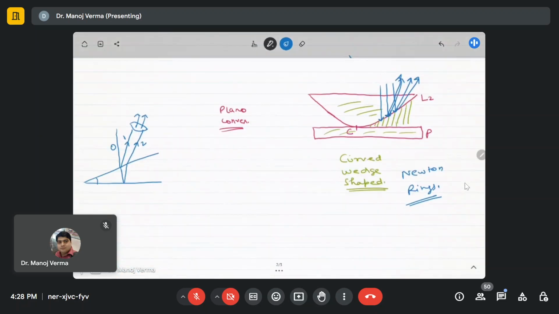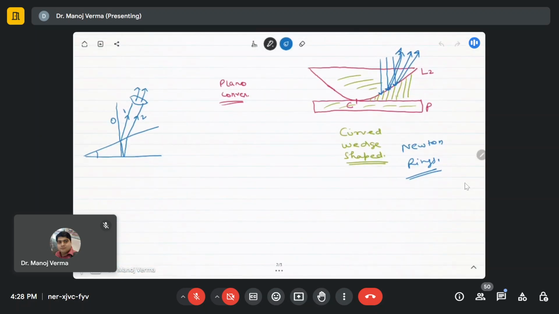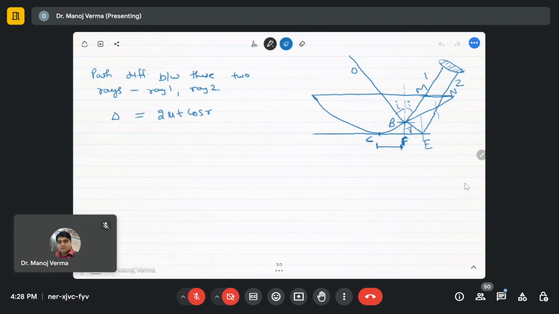That is the same as in the wedge film, the path difference at this point, this part and this part, was equal to 2 mu t cos r. So the ray 1 and ray 2 will have a path difference of 2 mu t cos r.